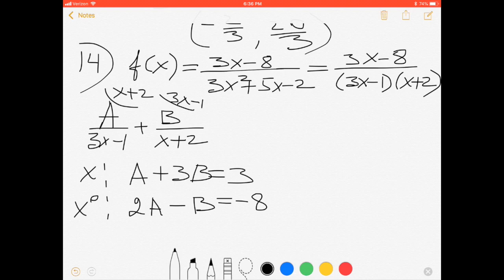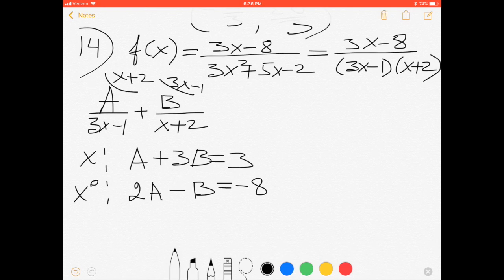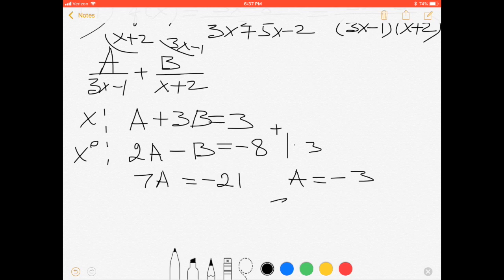Okay. The easy way, I think, is to multiply by 3 and add. Then I have 7A, no B, equal to negative 24 plus 3, which is negative 21. This means A equals negative 3, and 3B equals 6, so B equals 2.